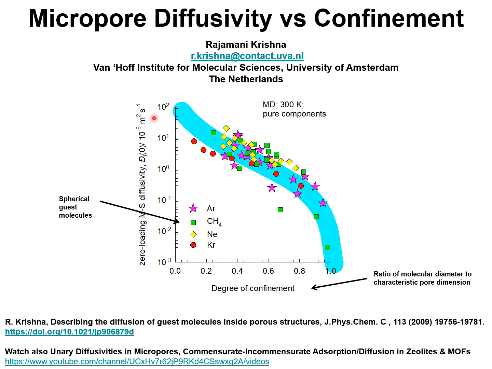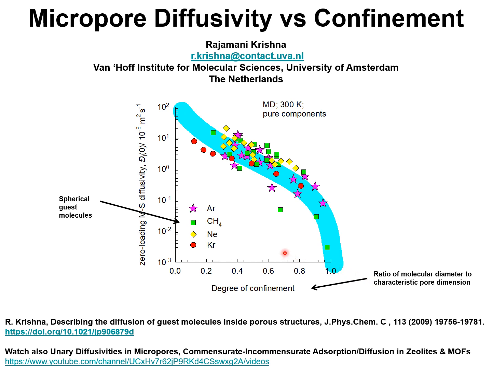I had plotted the data obtained from MD simulations for spherical gas molecules argon, methane, neon, and krypton as a function of the degree of confinement, where the degree of confinement is defined as the ratio of the molecular diameter to the characteristic pore dimension.